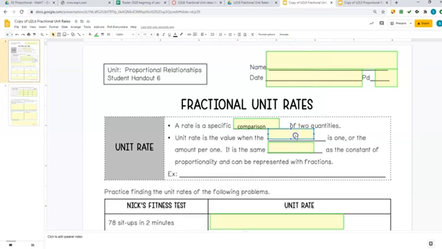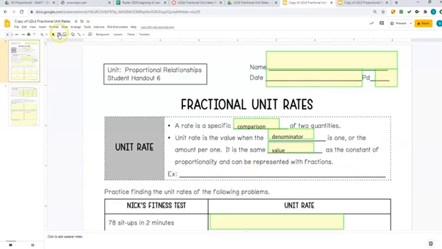The unit rate is the value when the denominator is 1. The amount per 1, it's the same as the value of the constant of proportionality. Okay? And it can be represented in fractions.